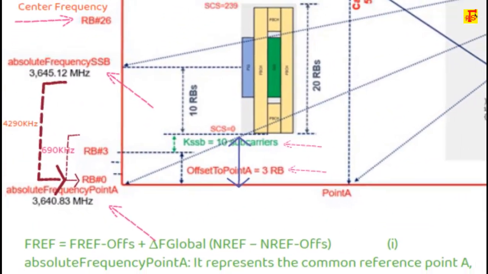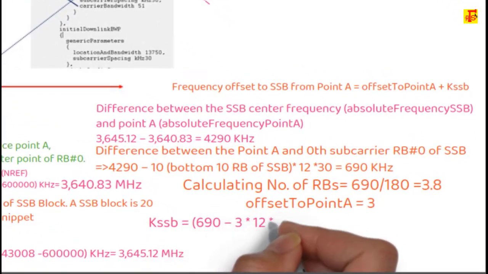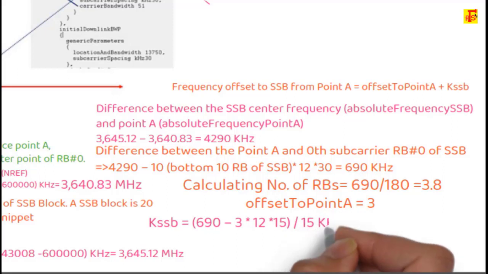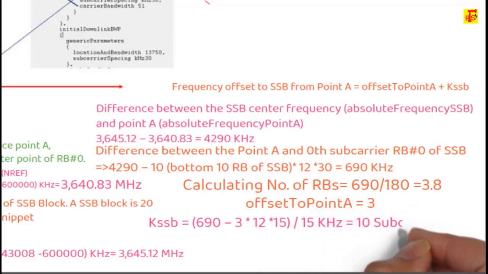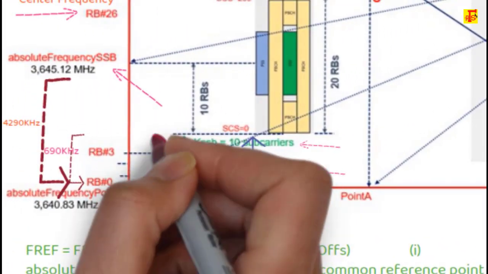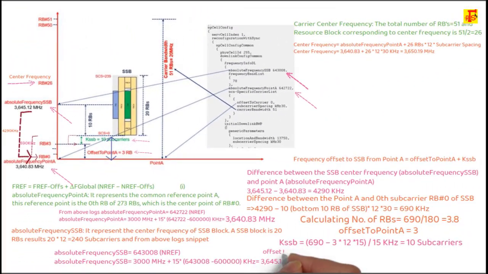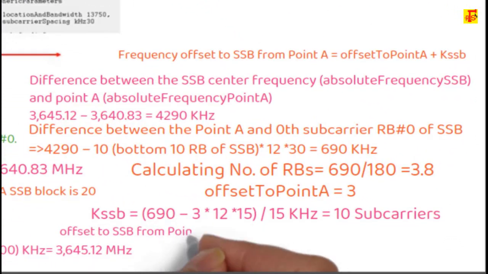From the same message. So Kssb equal to 690 minus 3. Offset to point A is 3. 3 into 12 into 30 by 15 kilohertz, right? So how much will it come? It will come around 10 subcarrier, right? It will come around 10 subcarrier. So offset to Ssb from point A, what will be the value?